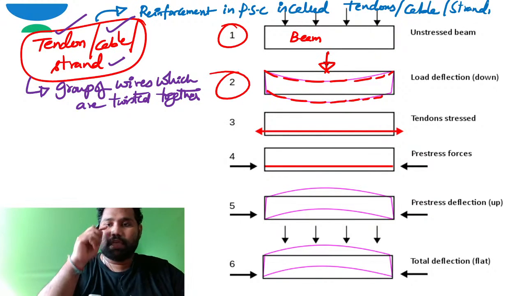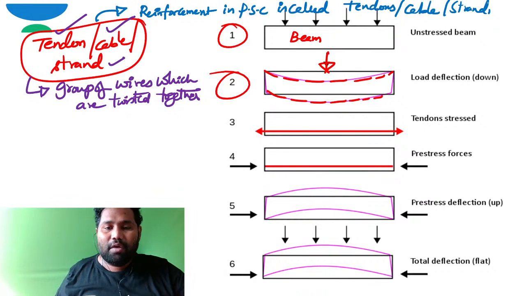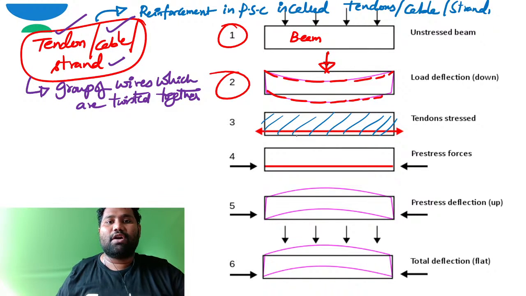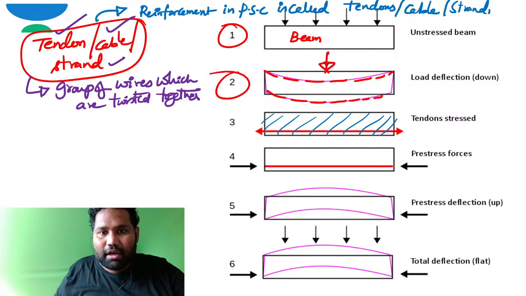Okay, now the question is, okay, sir. Before you cast this concrete, for example, this is the concrete, you keep a reinforcement or tendon here, clearly in the tension zone of the concrete. This is the tension zone of the concrete.